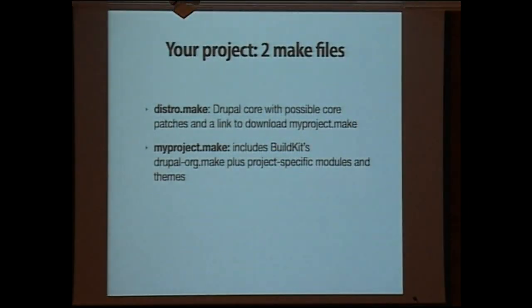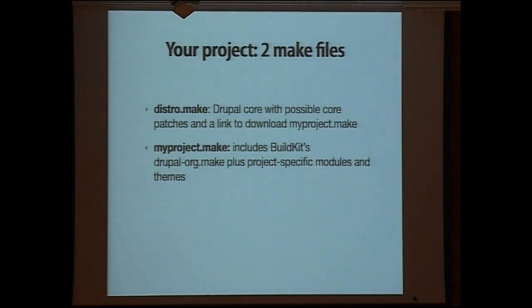And okay, the distro.make, the first one, is downloading through Git something that contains the second Makefile. It would be a complete installation profile containing this second Makefile. Your project should use two Makefiles too.